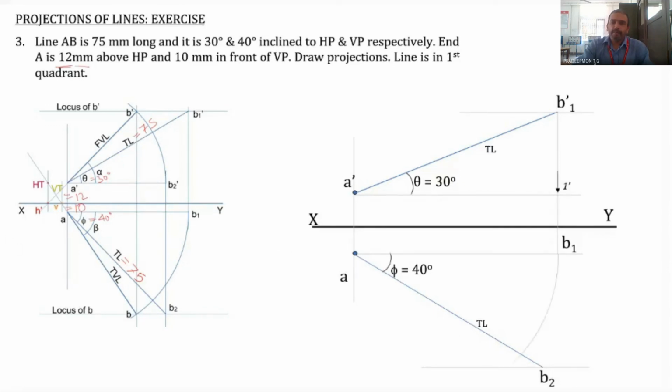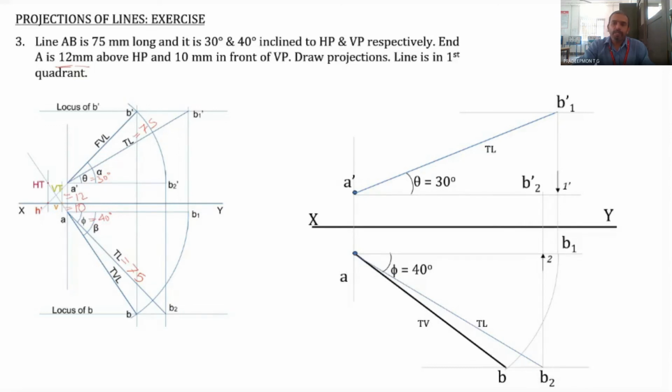And then AB1, the top view length, is rotated to the locus of B to obtain the point B. And so the top view is obtained. Similarly, the point B2 is projected upwards in order to obtain the point B2 dash.